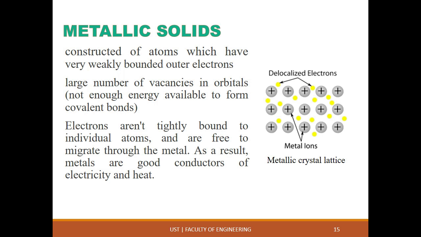Each metal atom contributes one or more electrons towards this sea of mobile electrons, and these are responsible for the high electrical and thermal conductivity of metals. Because of the presence of these free electrons, metals are lustrous. Metals are also highly malleable and ductile. Examples are the solid metallic elements.